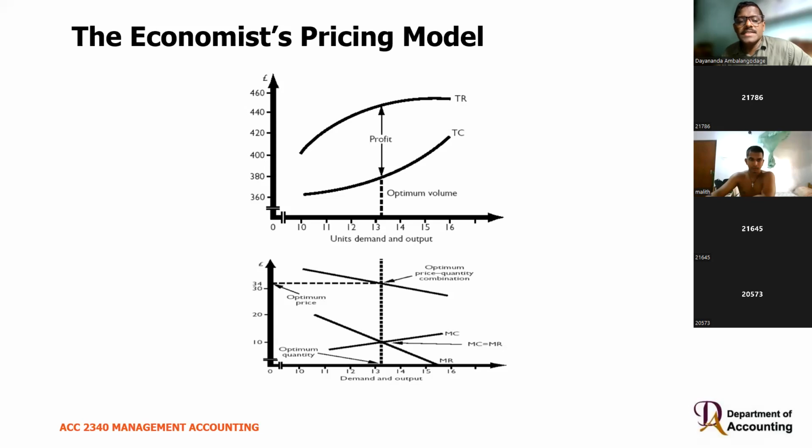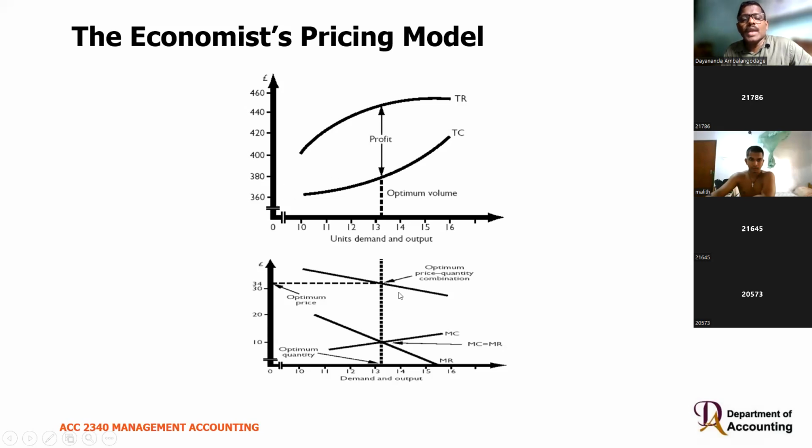There, of course, you will see that TR minus TC is minimized, TC minimized and TR maximized. You get the highest profit at that point. You will be able to see the demand here. So much quantity demanded, and at this point you will get this much revenue and this much total cost.